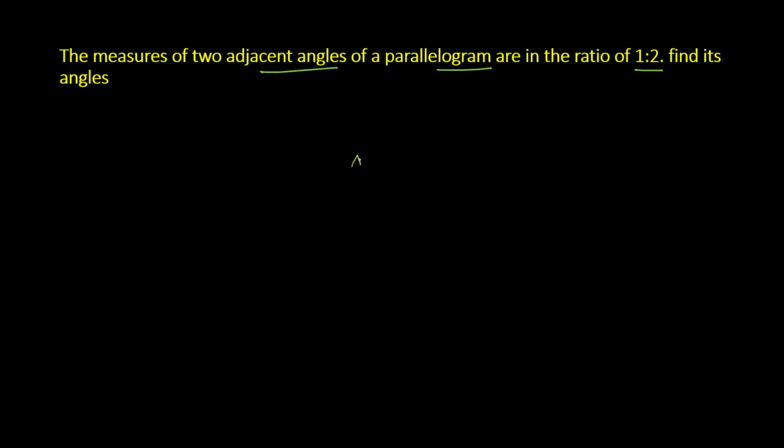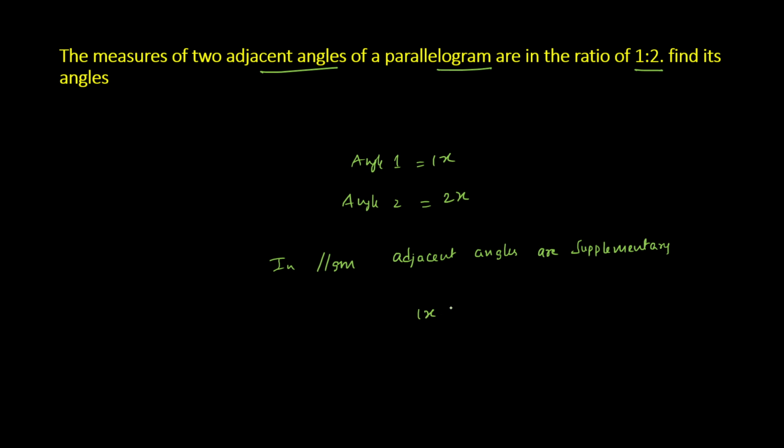That means angle 1 can be taken as 1x and angle 2 can be taken as 2x. ఈ రెండు సమ్ చేస్తే మనకి ఎంత రావాలి? 180, because in parallelogram adjacent angles are supplementary. In parallelogram adjacent angles are supplementary, so therefore both should sum up to give us 180.